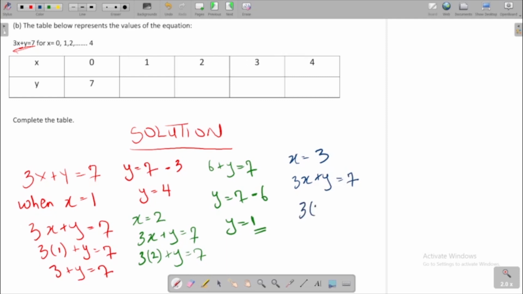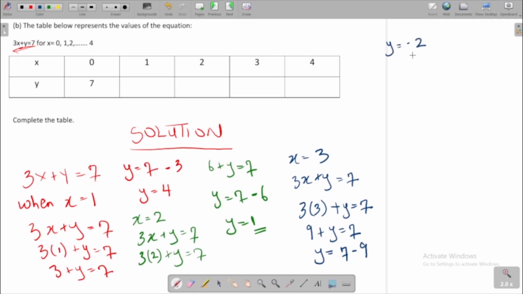Put 3 wherever you see your x. 3 times 3 is equal to 9. So you have 9 plus y equal to 7. So you take your 9 to the other side. You have 7 minus 9, the answer will give you y is equal to minus 2.